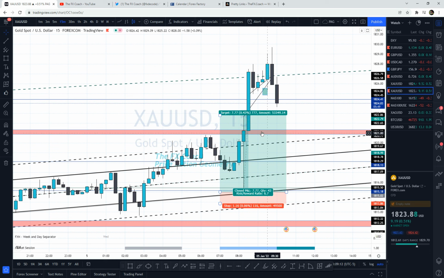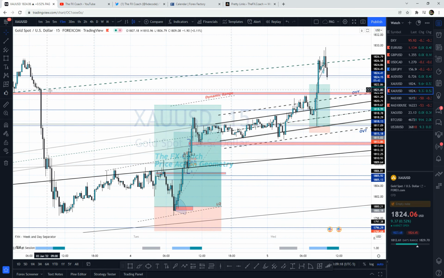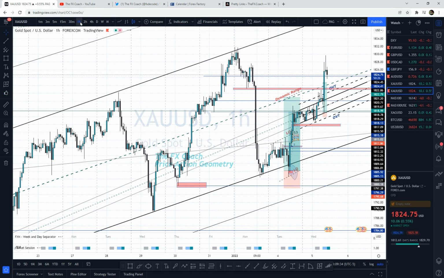Why? Because this zone is already taken. From where? From the left structure. This zone is already taken from the left structure, and you can see that this high is broken from this first day. This high is broken. So obviously, what will be the final dynamic range?